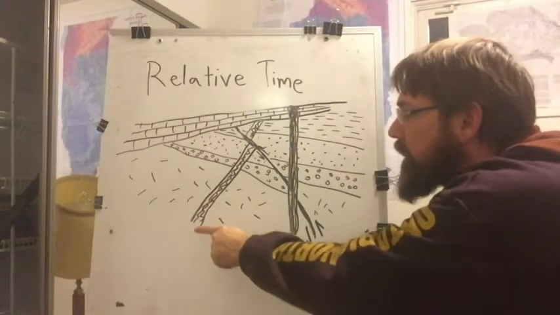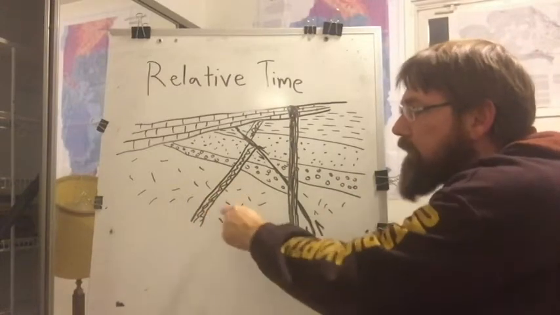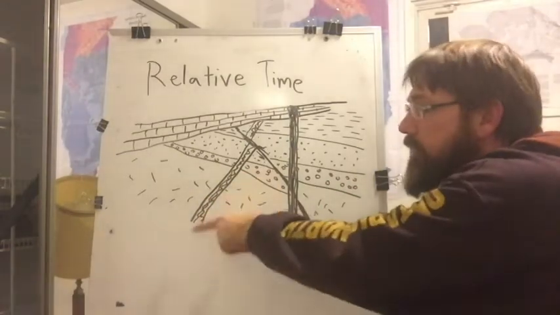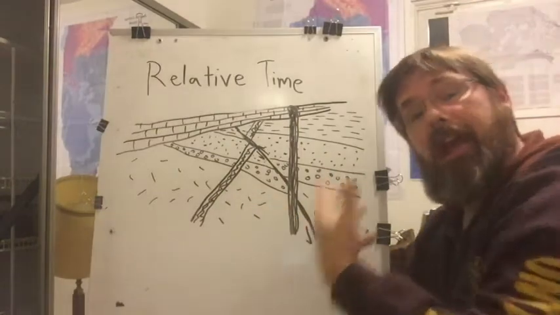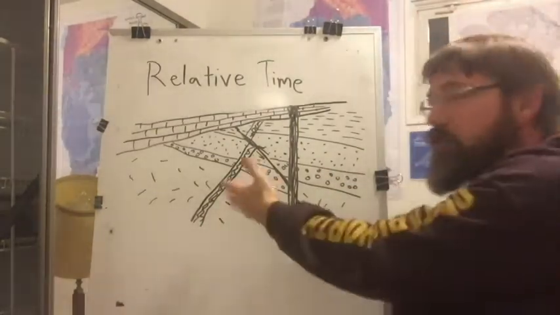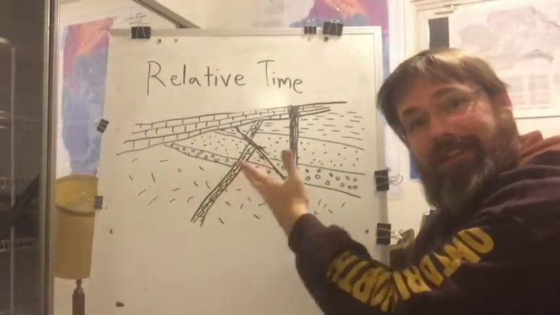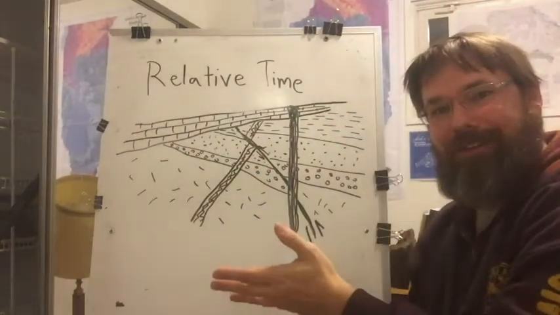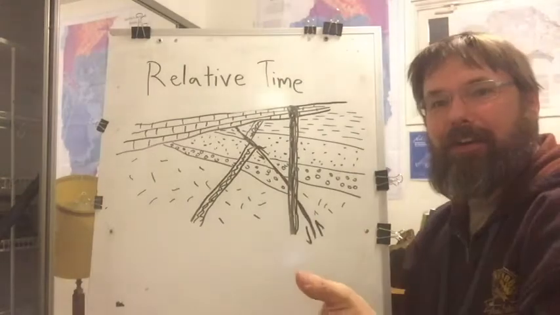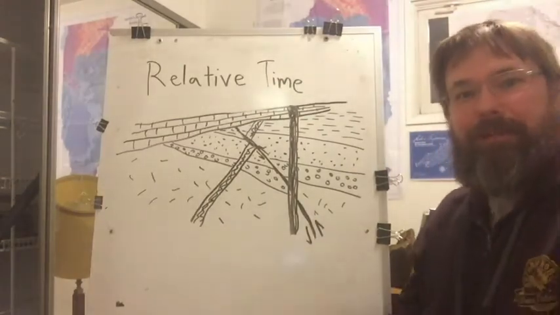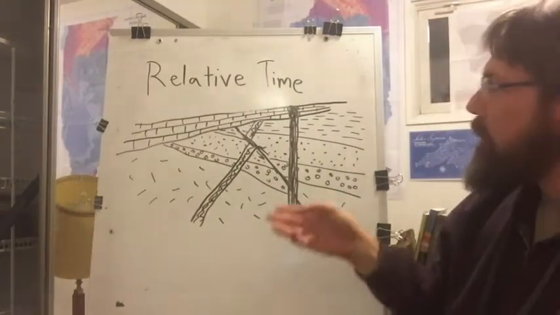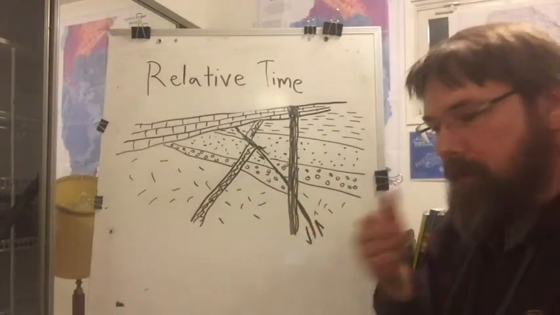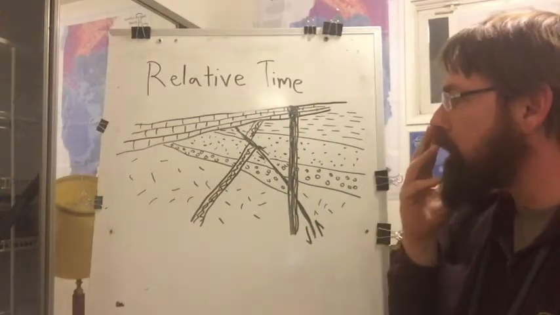So the fact that this is inside this granite tells us this intrusion is younger than the granite. It has to be. You can't intrude something that doesn't physically exist. All right? So that's just basic logic. If it's not there, you can't screw with it if it doesn't exist. But that's basically what the law of cross-cutting relationships is.